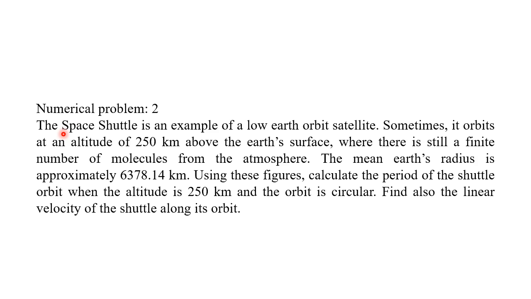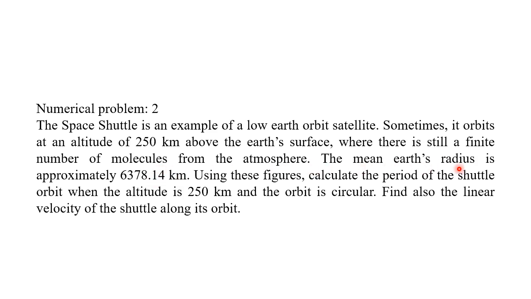Let us try to solve another problem. A space shuttle is an example of a low Earth orbit satellite. Sometimes it orbits at an altitude of 250 km above the Earth's surface, where there is still a finite number of molecules from the atmosphere.